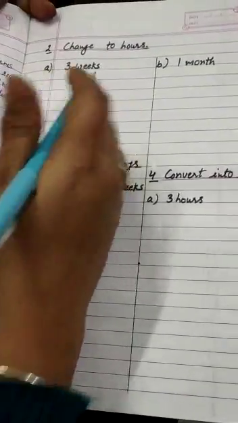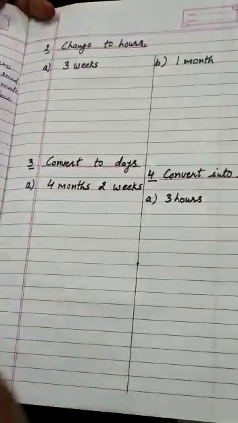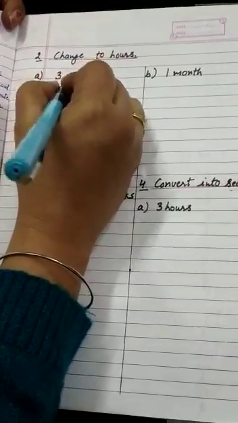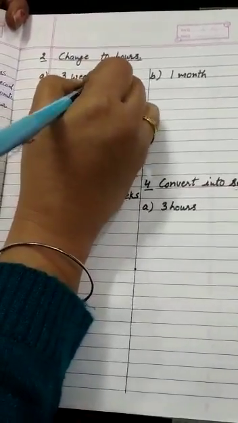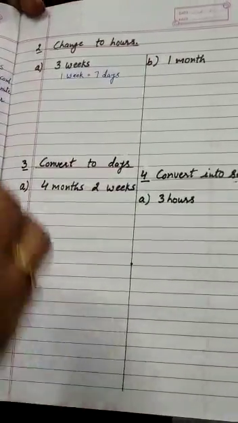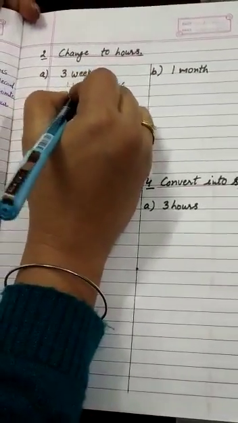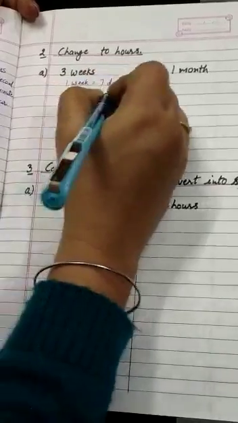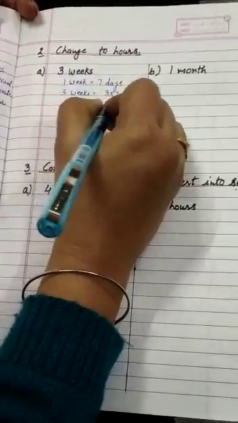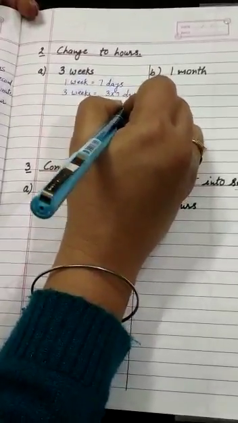See, firstly we will convert these weeks into days and then days into hours. 1 week is equal to how many days? That is 7 days. And 3 weeks is equal to how many days? That is 3 into 7 days. What you will get? 21 days.